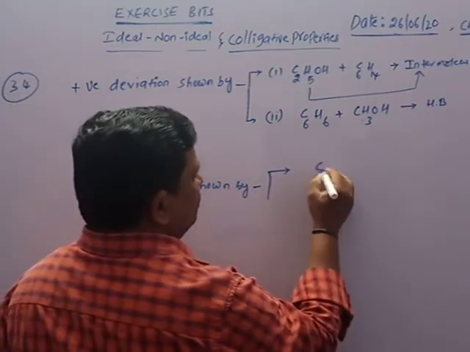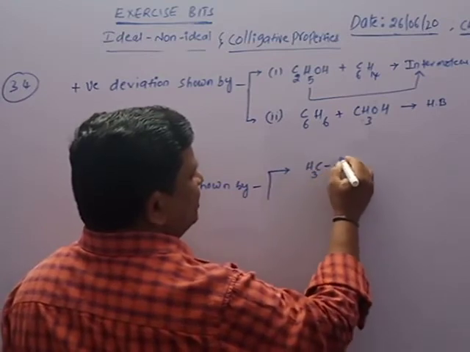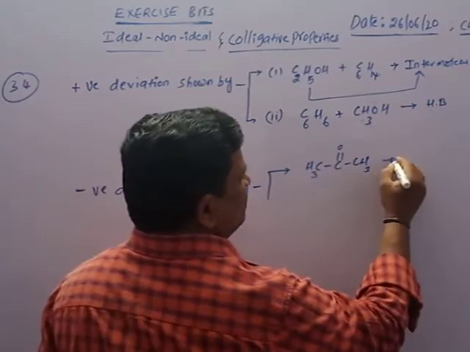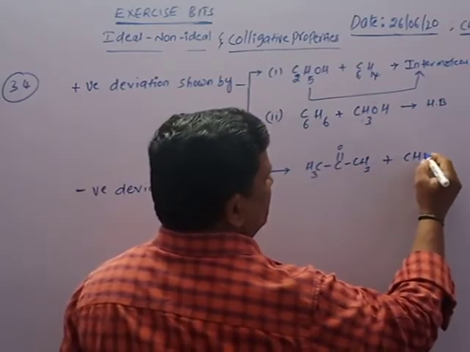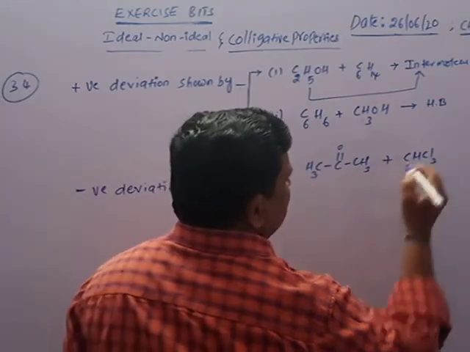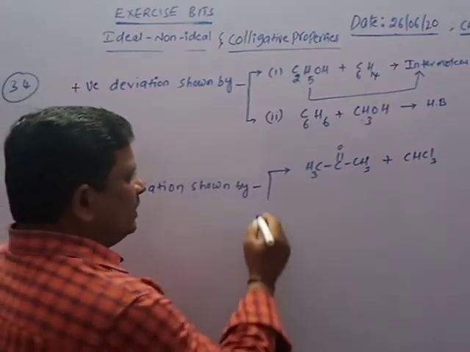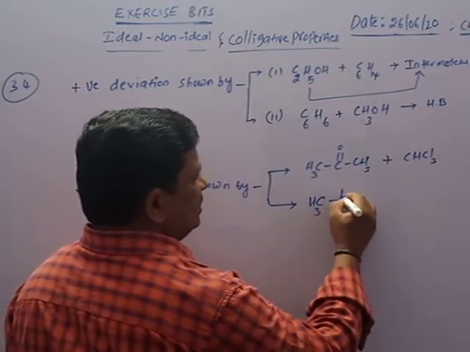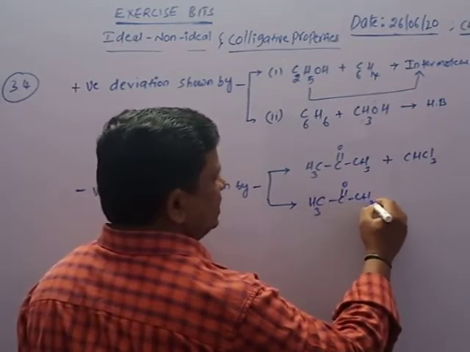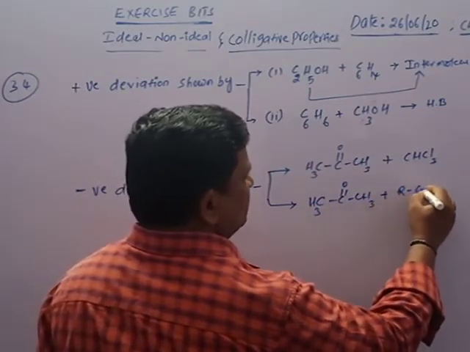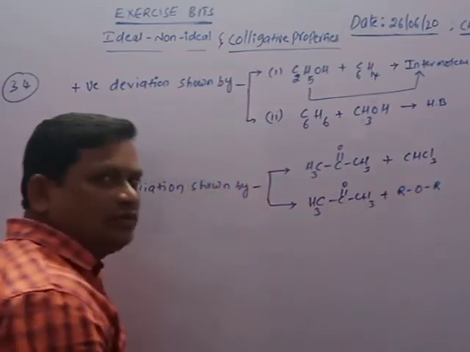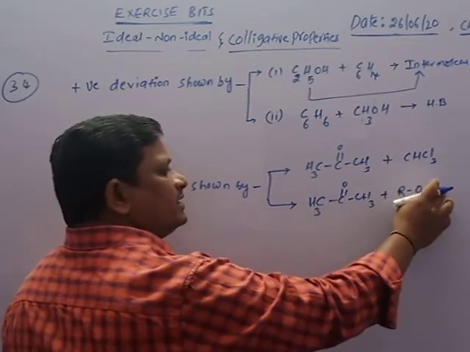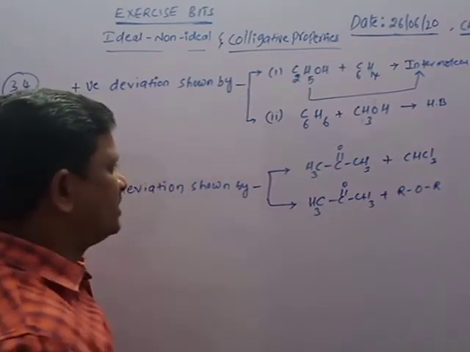Acetone is CH3COCH3, plus chloroform, CHCl3. The second example is acetone, CH3COCH3, plus ethers. Ethers are ROR, where R is alkyl; two alkyl groups are present.